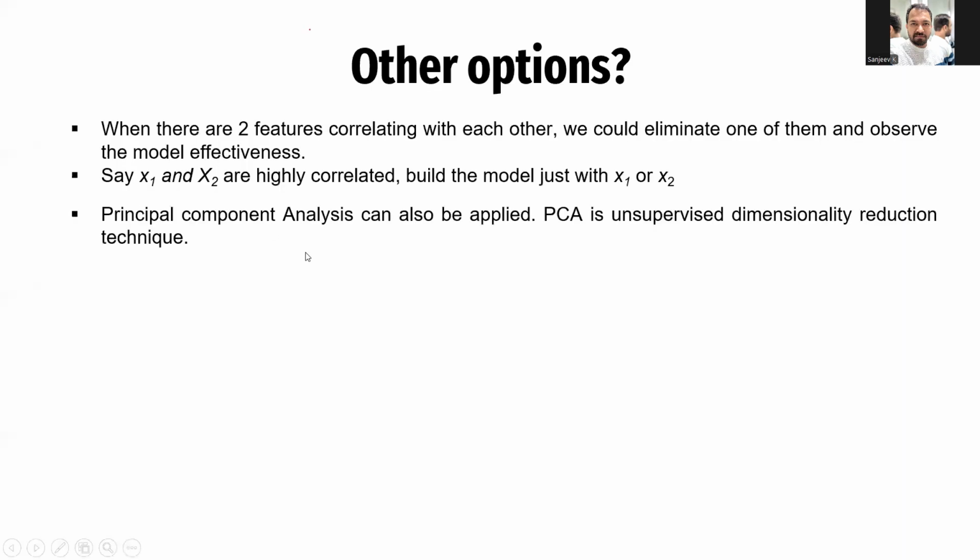Now let us say that we have two features, x1 and x2. I'm talking about principal component analysis. There is some variance in the x1 dimension and there is some variance in the x2 dimension. Variance is present in both the dimensions. What we are trying to do is reduce the variance in one feature and increase the variance in another feature.